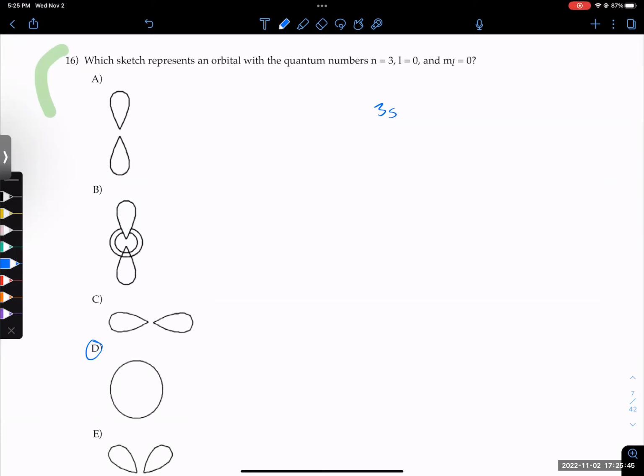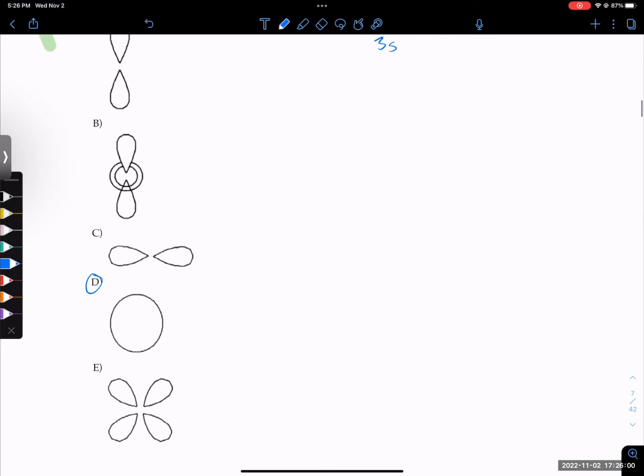I thought that in order to get the angular momentum, it was 3 minus 1 equals 2. No, it's n minus 1. Give me a random number that's not greater than 5. 4. Okay, perfect. So if n is equal to 4, our L can go from 0 all the way to n minus 1.